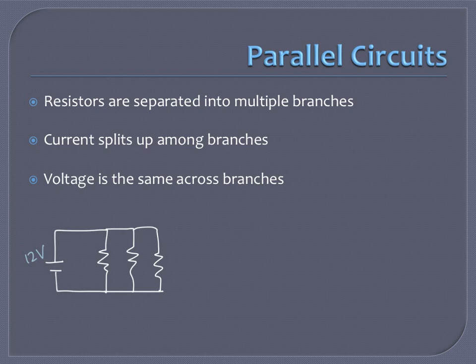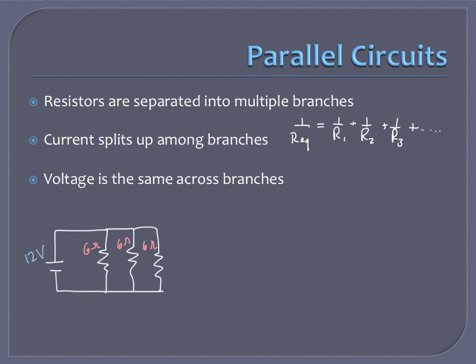Now let's put some values here. So let's pretend we have 6 ohms here, 6 ohms here, 6 ohms here. Alright, now, finding the equivalent resistance is a lot different for a parallel circuit. This equation right here is very different. And so on and so forth, depending on how many you have.